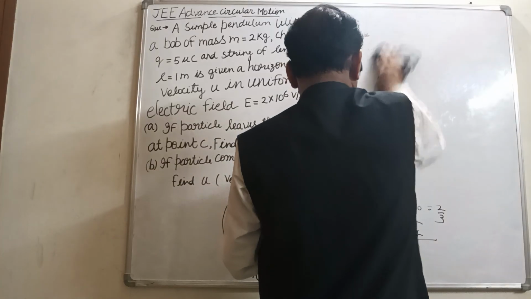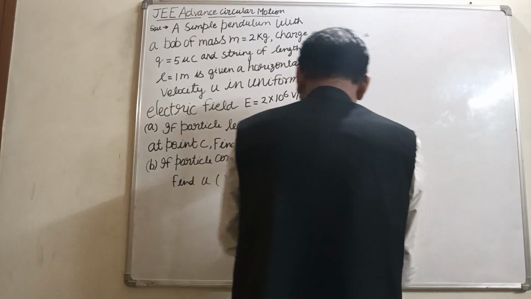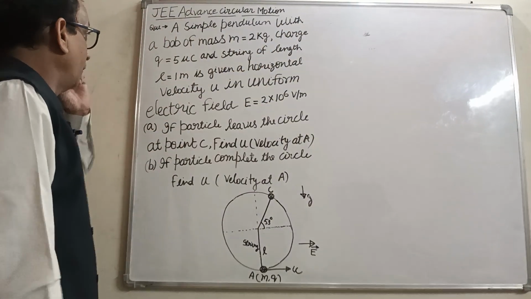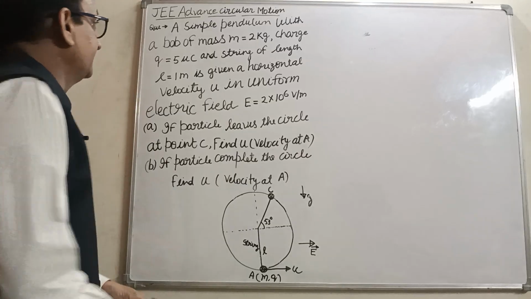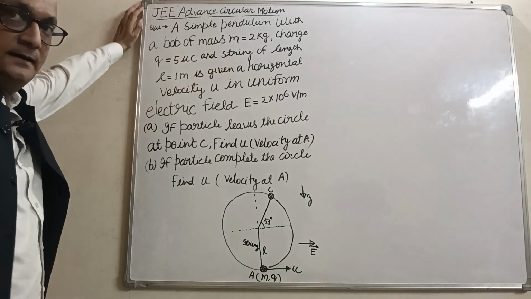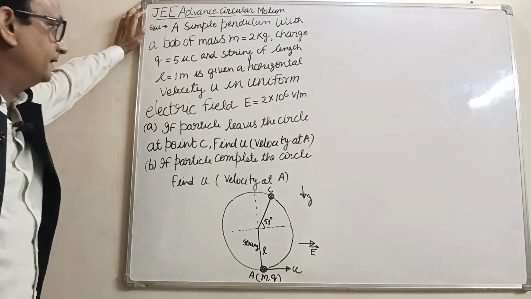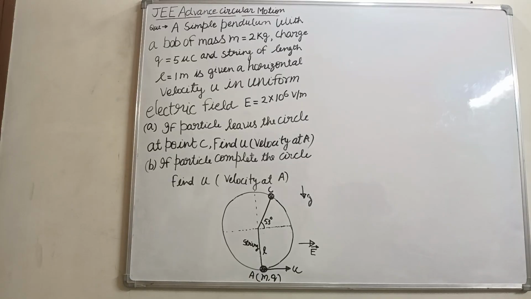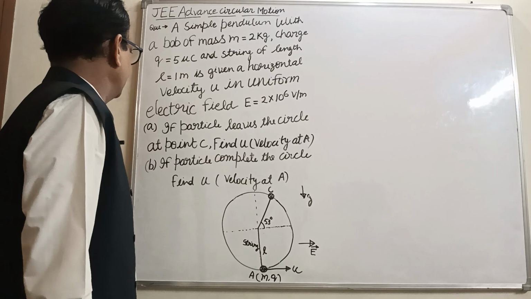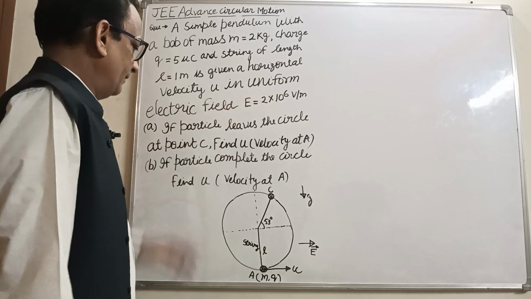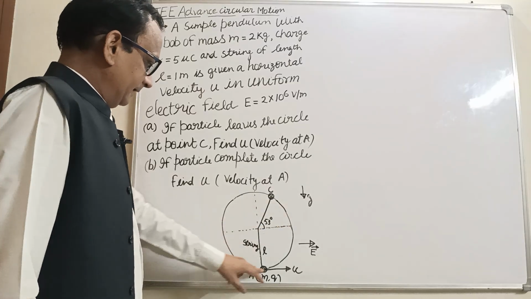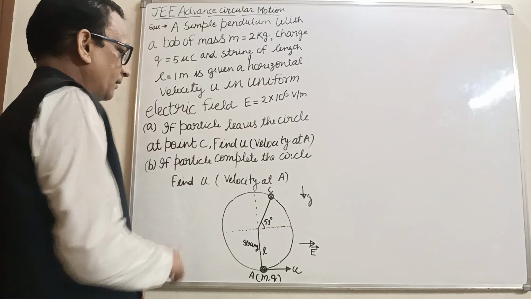In this problem, a simple pendulum with a bob of mass m equal to 2 kg and charge q equal to 5 microcoulomb and string of length L equal to 1 meter is given a horizontal velocity u in a uniform electric field. This uniform electric field is applied here, and this is the gravity, and this bob is doing a circular motion.